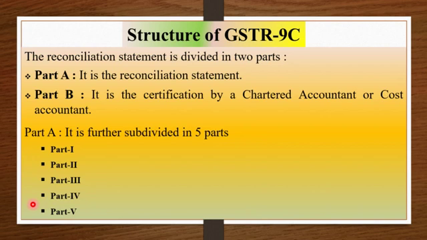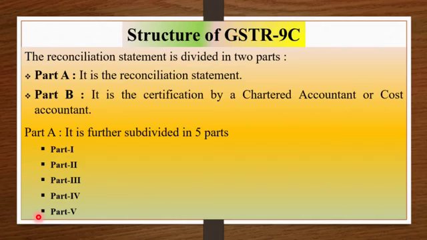And last, part 5, this part requires the auditor to recommend additional liability arising due to non-reconciliation. The additional liability has been mentioned separately under various categories of rate of tax, input tax credits, interest, late fees, penalty, any other amount not included in the GSTR 9, refund to be paid back, and outstanding demand to be settled.